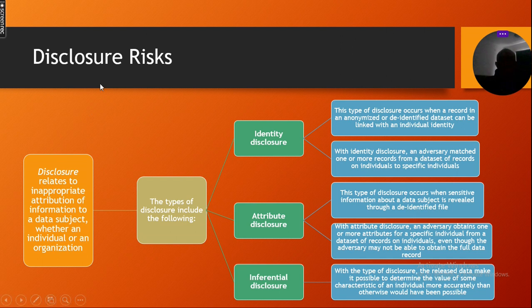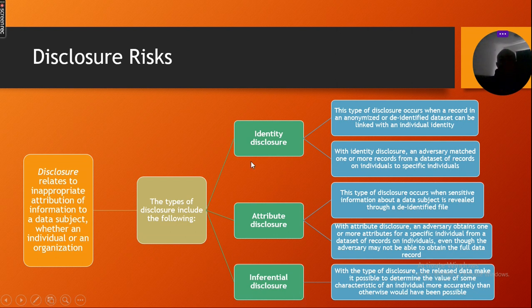You attribute information to a place, individual, or organization that you're not supposed to. There are three main types of disclosure: identity disclosure, attribute disclosure, and inferential disclosure.